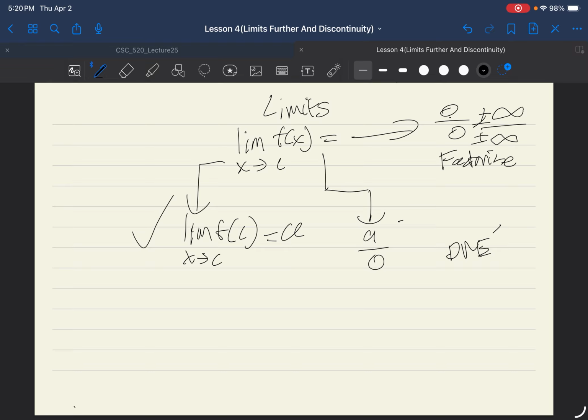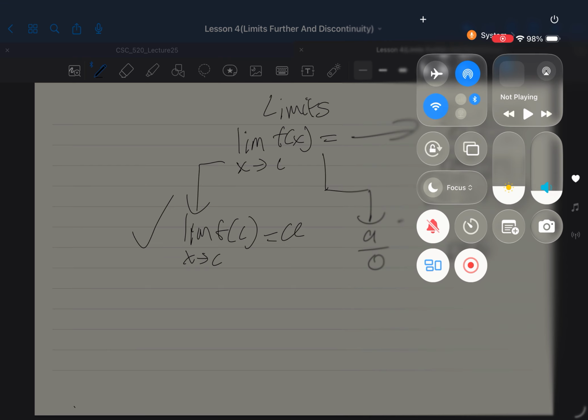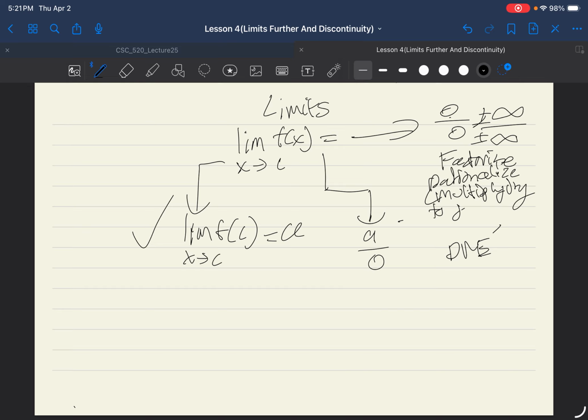You can rationalize, which is basically what we've been doing with the multiplying to get that perfect square, as you may recall.